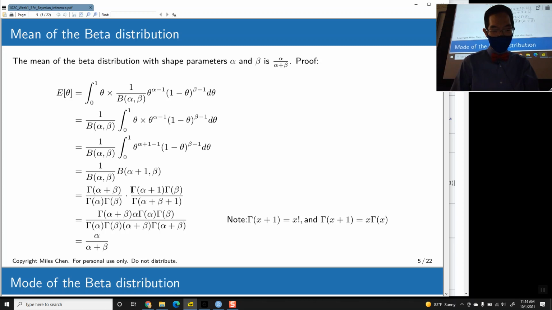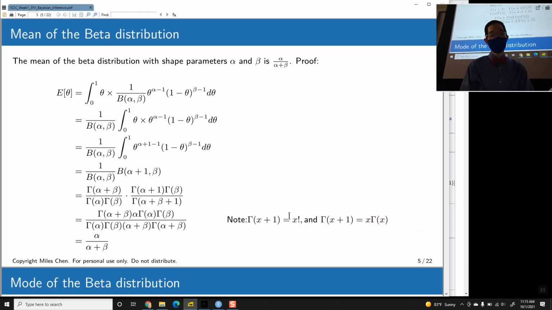So this thing here, gamma alpha plus 1, right? Gamma of x plus 1 is exactly equal to x factorial when we assume we have integer values here. But this identity is also true whether or not x is an integer: gamma of x plus 1 is going to be x times gamma of x.